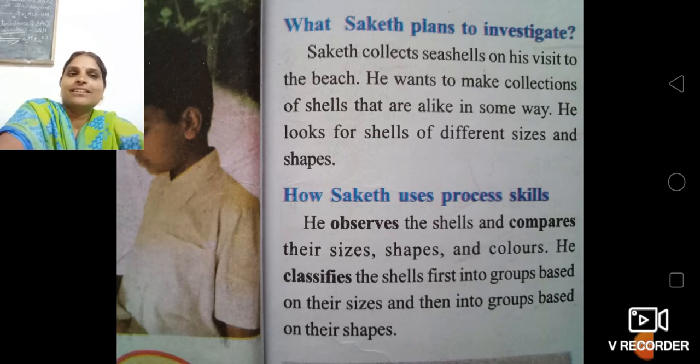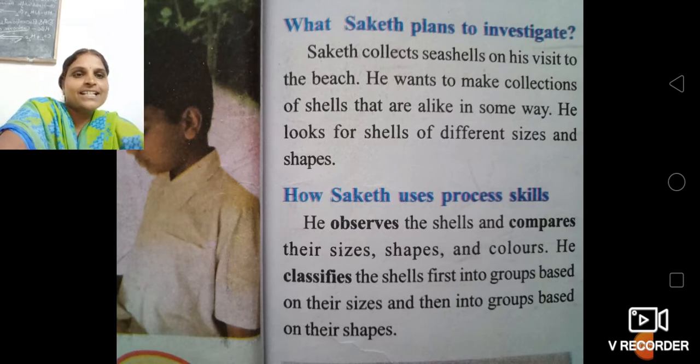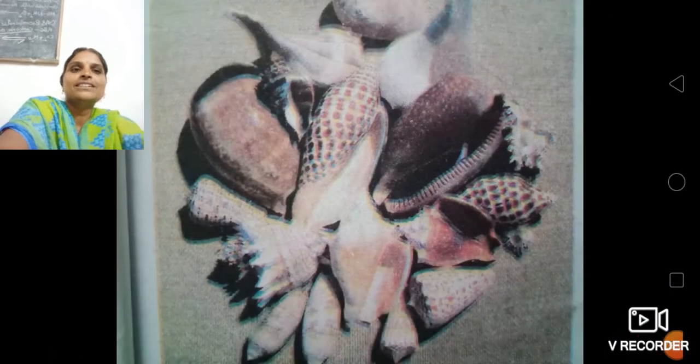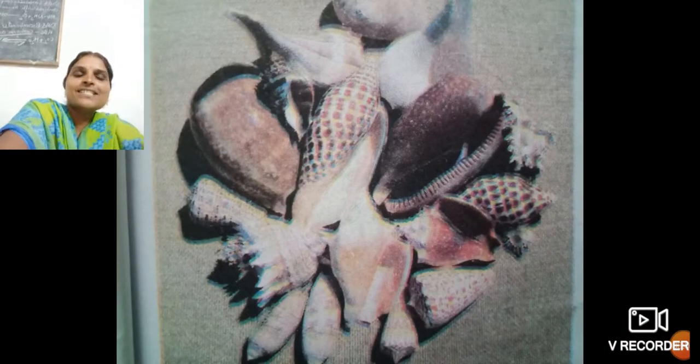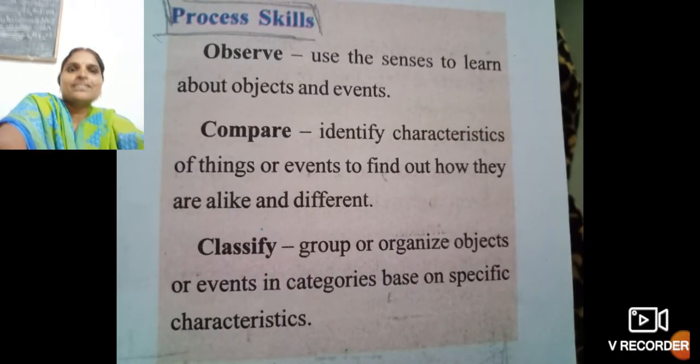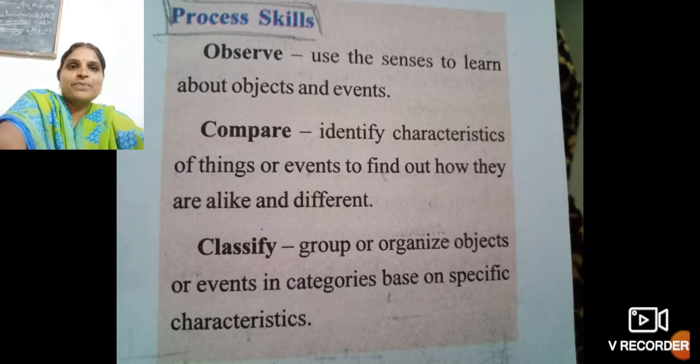In this picture, different sizes and shapes of shells are present. Now we will see the process skills followed by Saket.